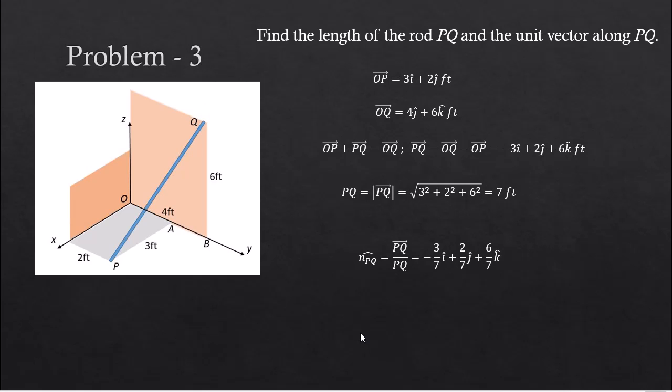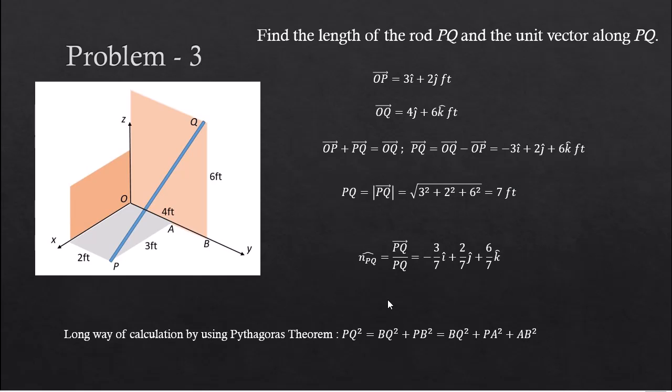And the unit vector along PQ is the PQ vector, which is here, divided by the magnitude, which is 7 feet, and you get that as the unit vector of PQ. The long way of calculation using the Pythagoras theorem would work with this, but I believe that the vector calculation is much easier. Thank you.